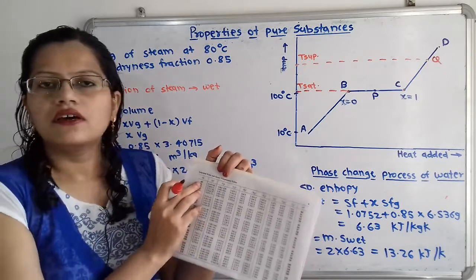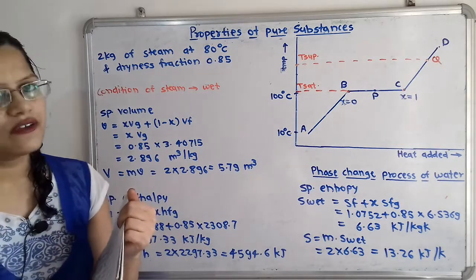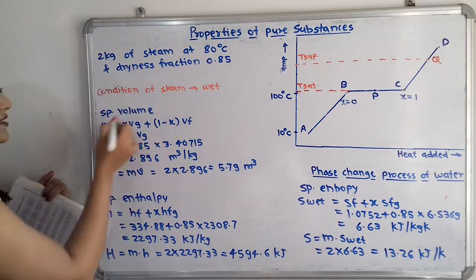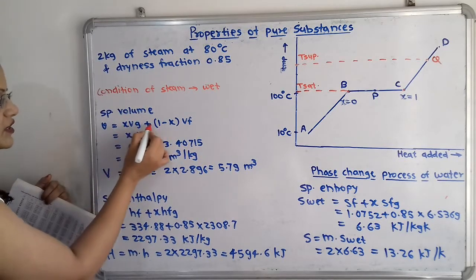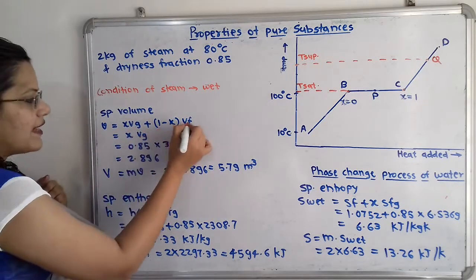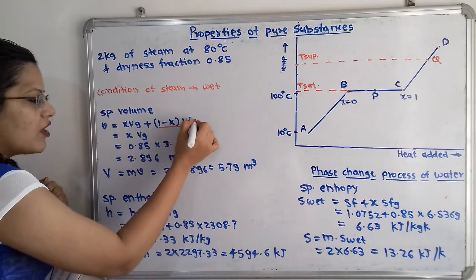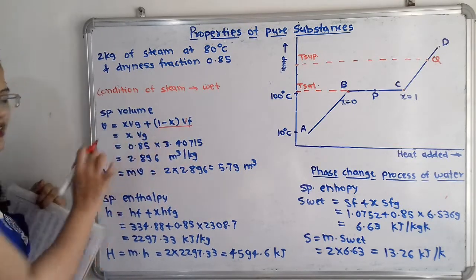For 80 degrees Celsius we will apply the values. Specific volume for wet steam is given by the formula v is equal to x vg plus (1 minus x) vf. But this Vf volume is so small that we will neglect this term and only take x vg.